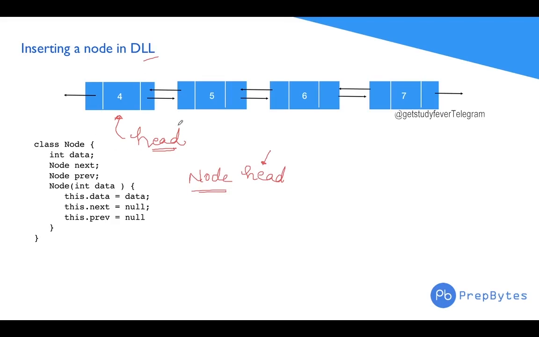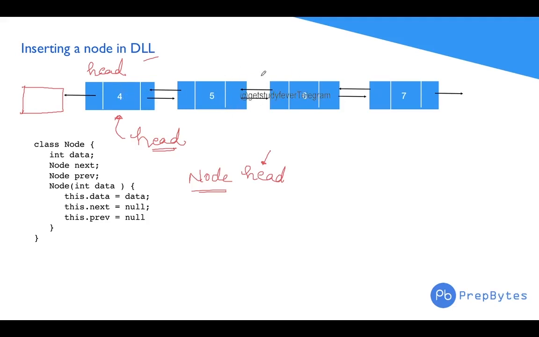Okay. So now what are the different possibilities for inserting a node in this particular list? The number one possibility is we insert a node at the beginning, even before the head. So let's say this is the head. We will have to insert a node even before the first node of the list, or even before the head. Or I'll have to insert a node between any two nodes in the list.